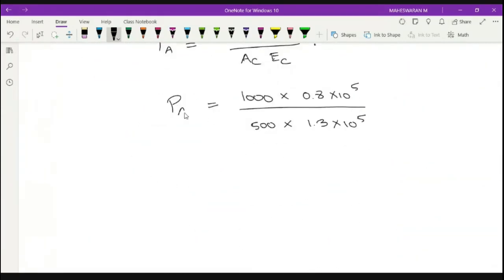So PA is 1.230 PC. Let me consider this as equation number 3.